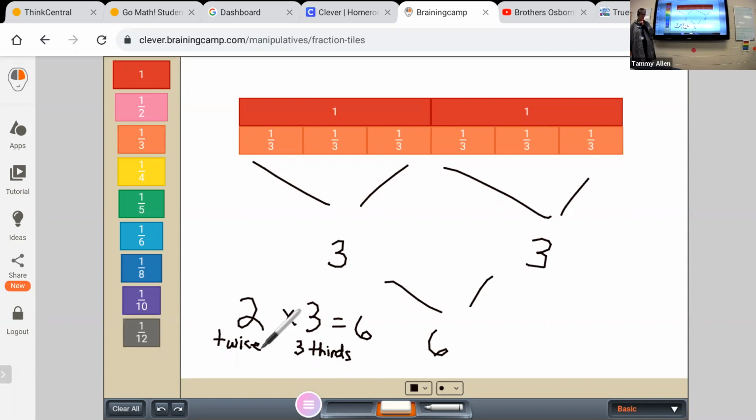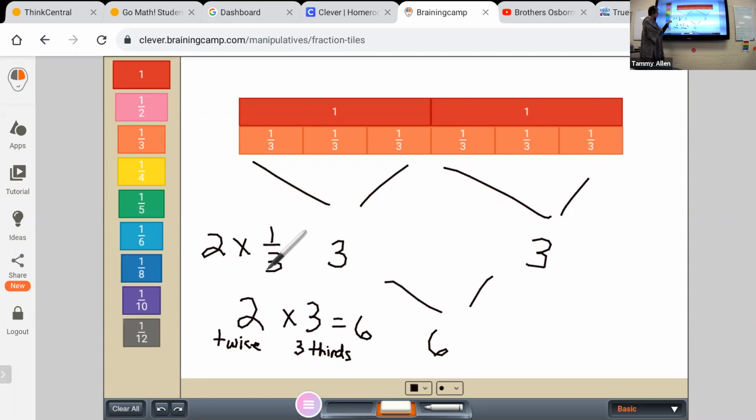Do you basically find the 1/3 and 2? Would you multiply 3 and 2?